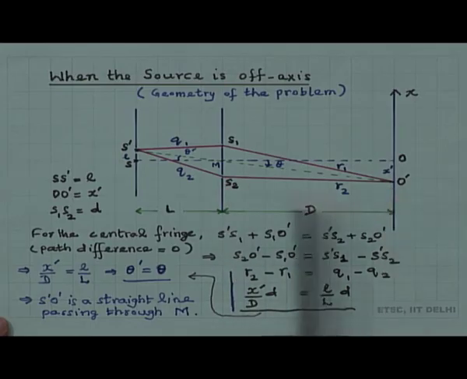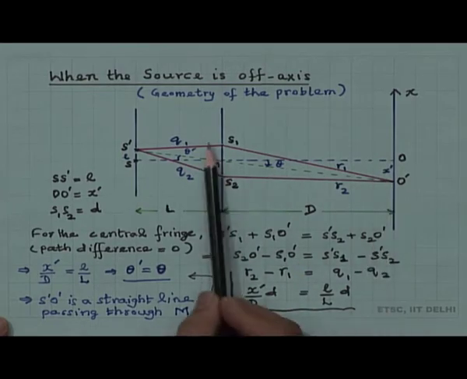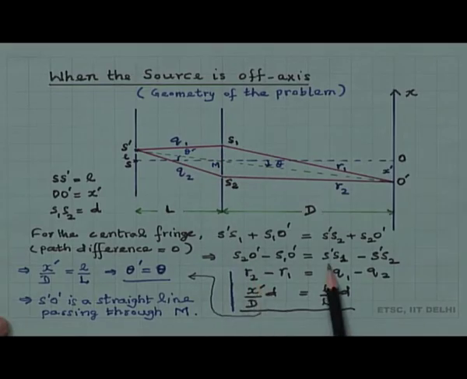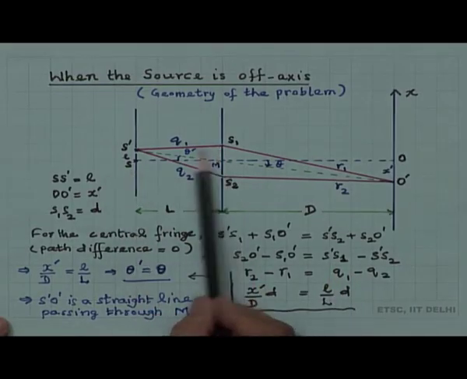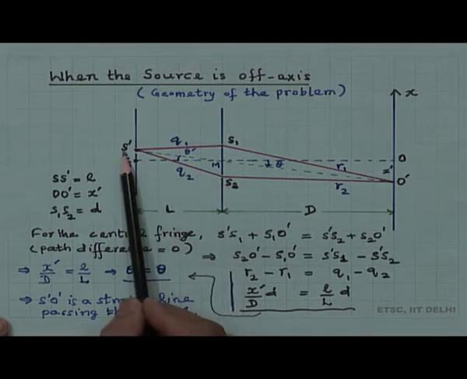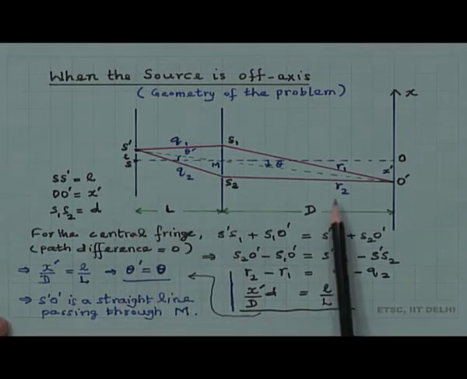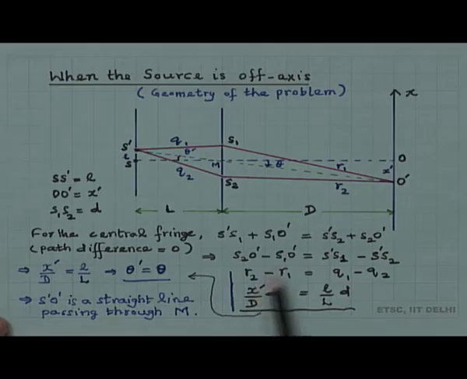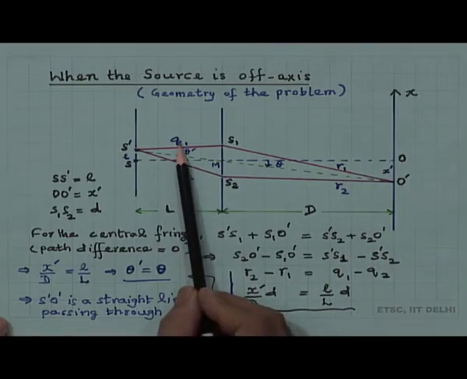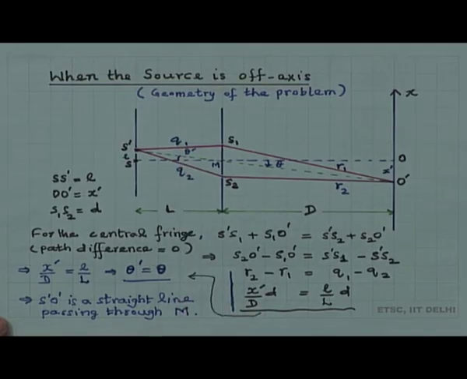This separation is equal to S1 S dash minus S2 S dash. So, S2 O dash is R2, R2 minus R1 is equal to, I am denoting this as Q1 and Q2, Q1 minus Q2.